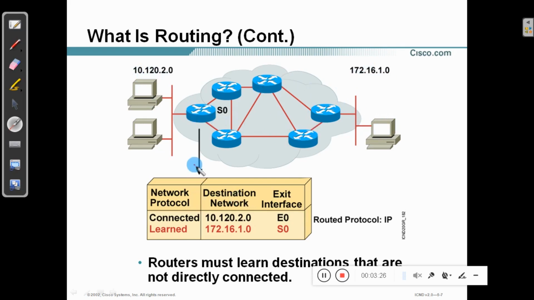So the routing table of this router consists of something like this: 10.120.2.0 is directly connected through interface E0, and it learned about 172.16.1.0 through this interface S0. So routers must learn destinations that are not directly connected. You should know this.